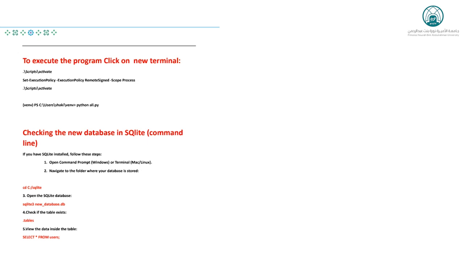After I give .tables, it displays the table name users. Now I can check the clean data from the new database. So I get it like this. So this is how we display the clean data loaded in the new database.